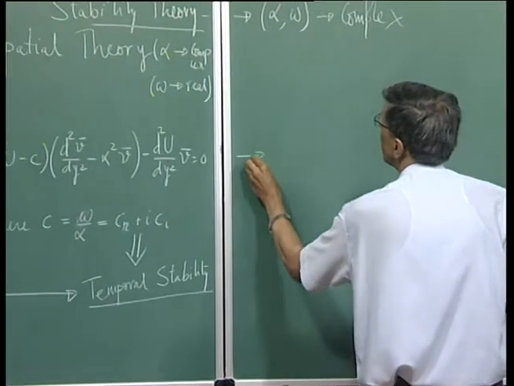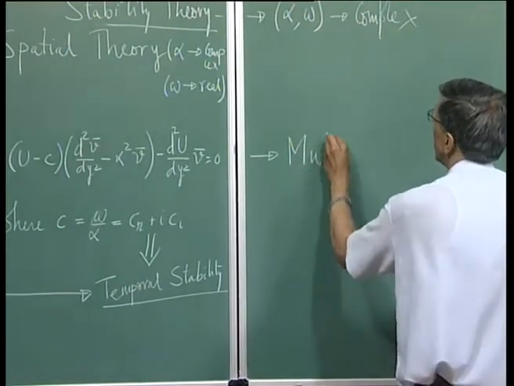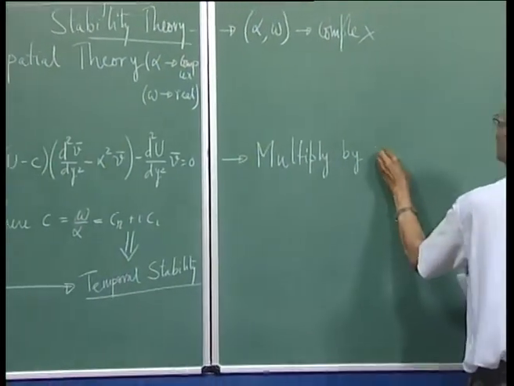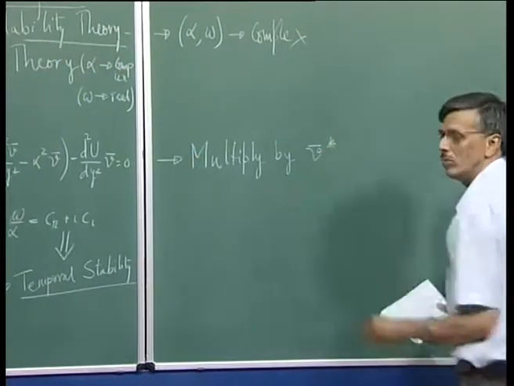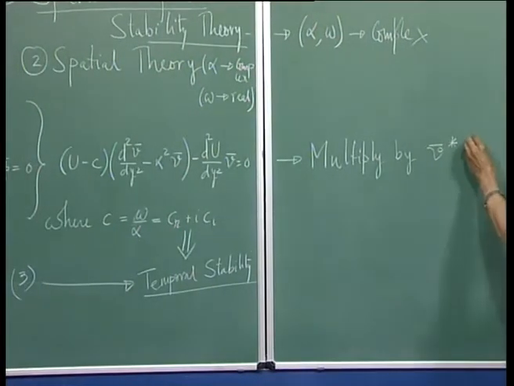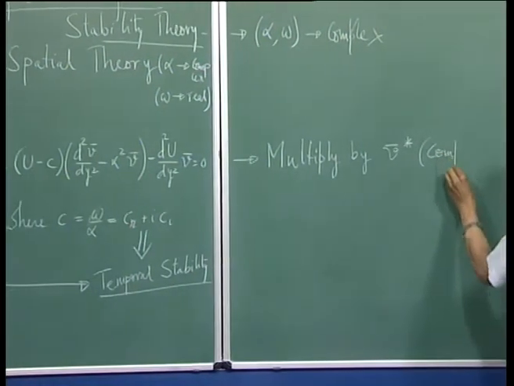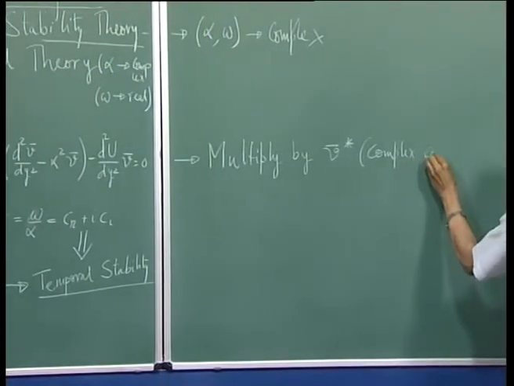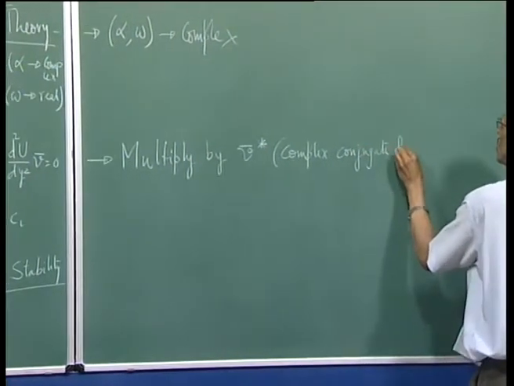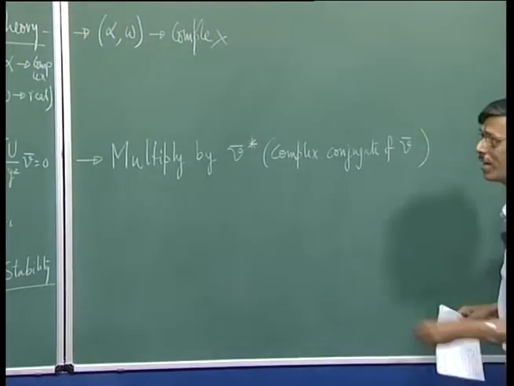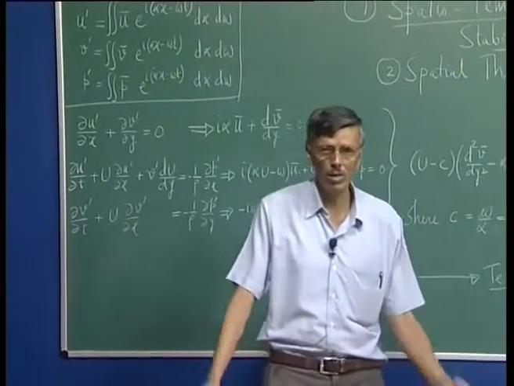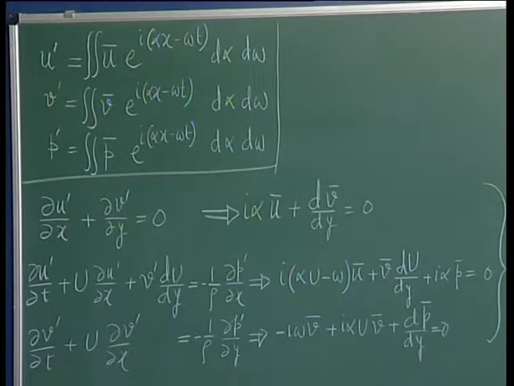So, we multiply this equation by V bar star, which is nothing but the complex conjugate of V bar. You realize that all this disturbance amplitude would in general be complex, right, in general be complex.